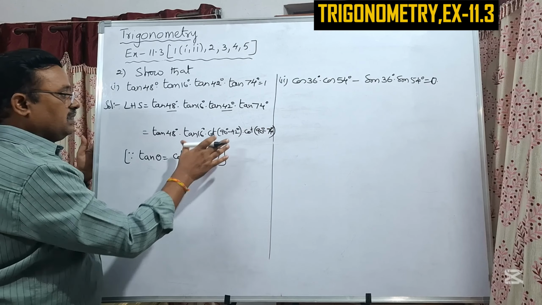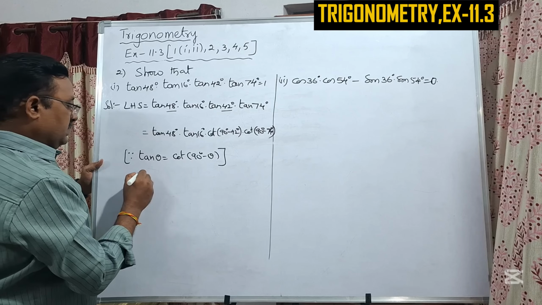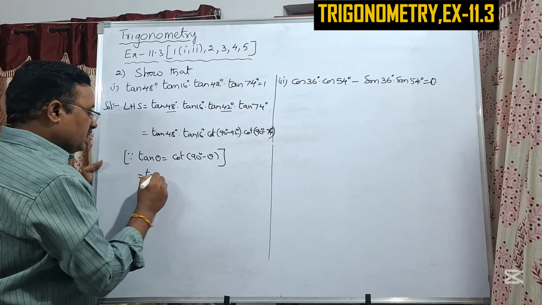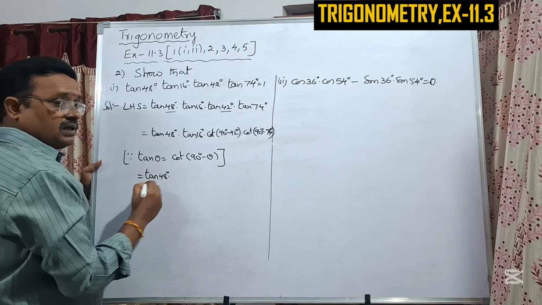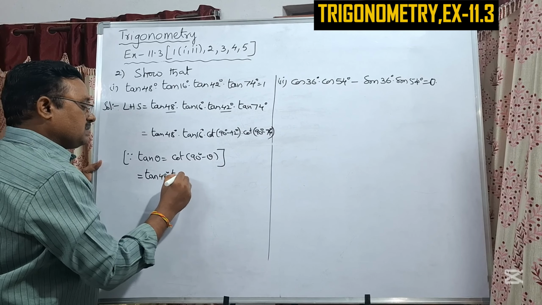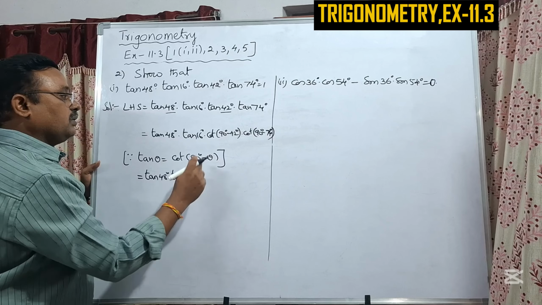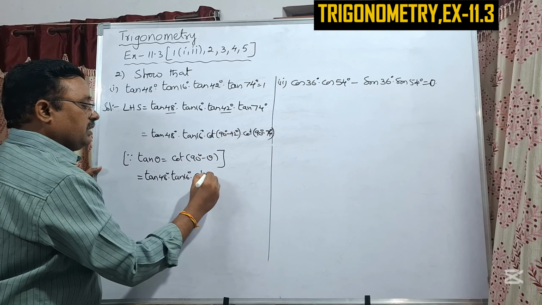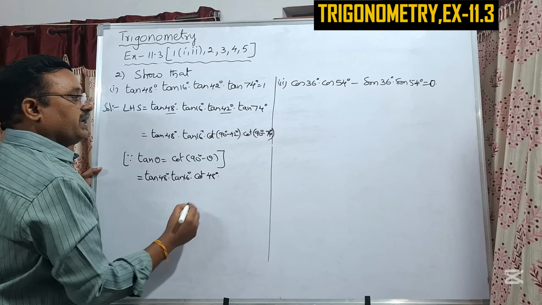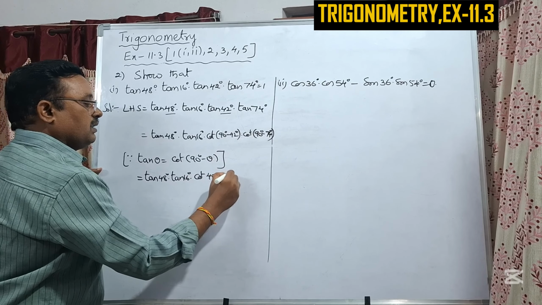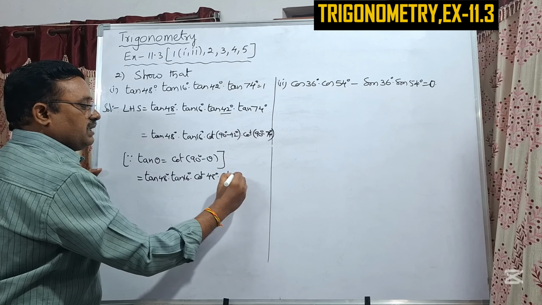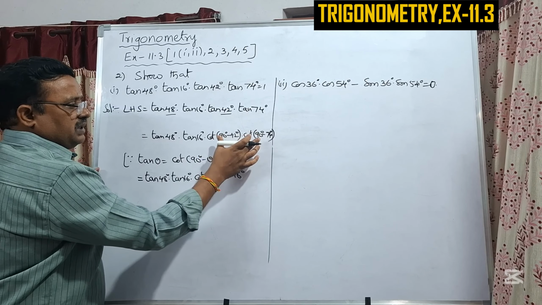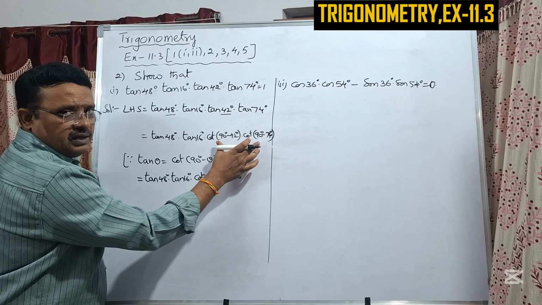Now try to simplify them. This is equal to the first term, second term as it is, tan 48 degrees into tan 16 degrees into cot 90 minus 42 degrees, which means 48 degrees, into cot 90 minus 74 degrees, which means 16 degrees. So two terms are converted into their complementary functions.